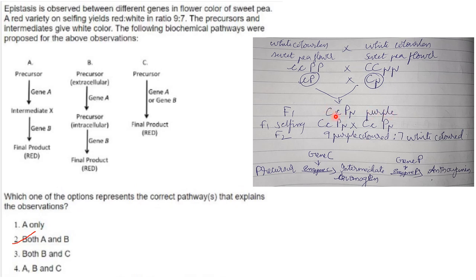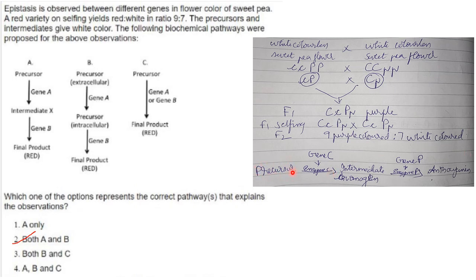Because capital C and capital P, both genes are present and they will complement each other and you will get purple color instead of white. Now F1 on selfing, you will get 9 purple colored and 7 white colored plants in the F2, showing complementary gene interaction.